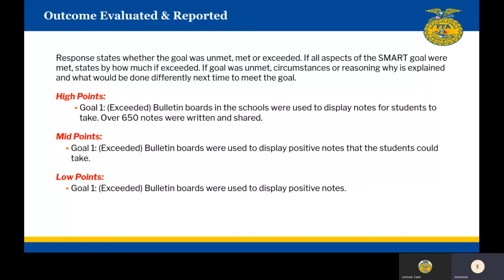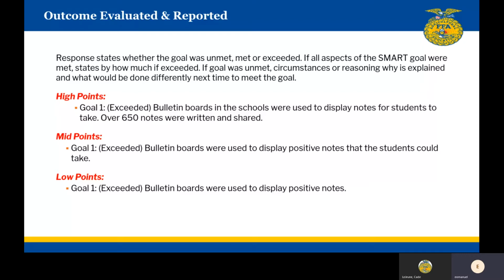Their goal was to have 650, and they said there were over 650 notes written and shared. I would even make my kids say it was exceeded by how much, like give a percentage or a number value of how much more you did than what your goal said, just to make sure your bases are covered. That's what I do.